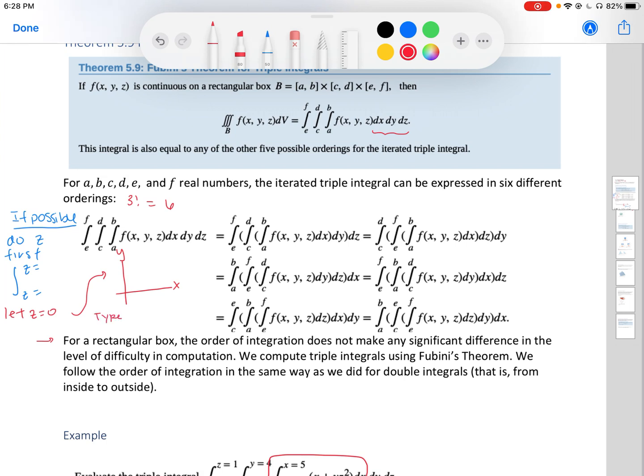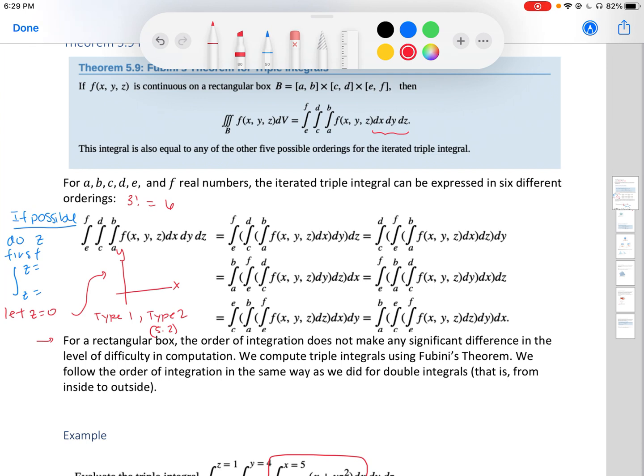Depending on your question, you can continue using a type 1 or a type 2 argument like we did in section 5.2, setting up our type 2 and type 1 arguments. Depending on the problem would let you know which one you think would be better, whether your function's already in terms of x or in terms of y, it would vary.